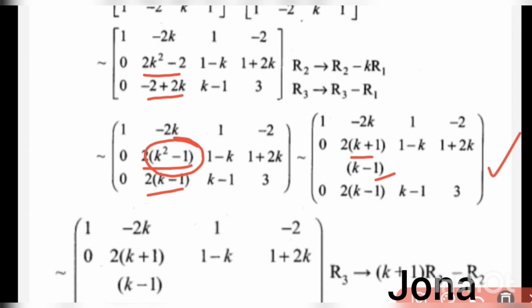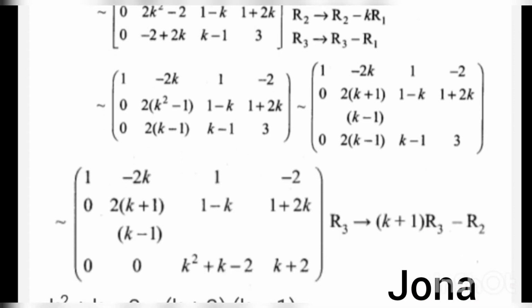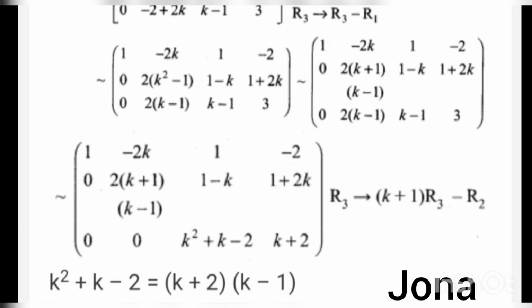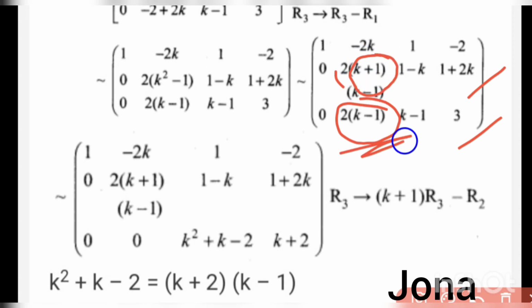Now again as usual we have to make the next element 0, isn't it? So we take R2 and R3. Here we already have 2 into k plus 1, and the missing term in R3 is k plus 1.